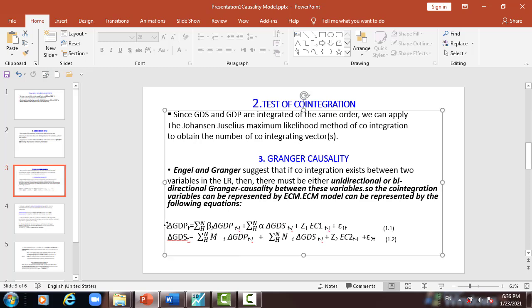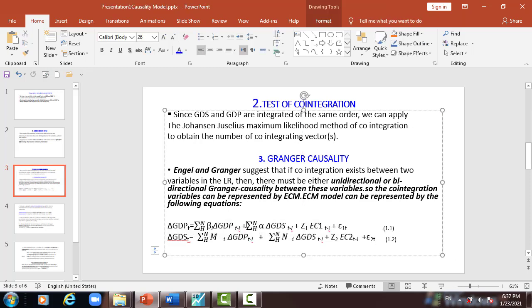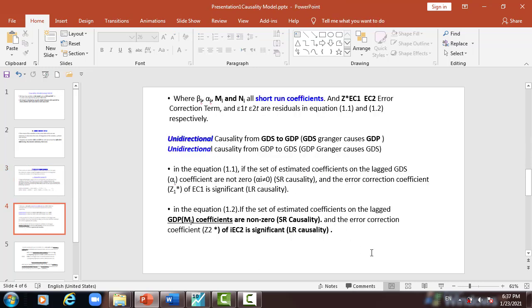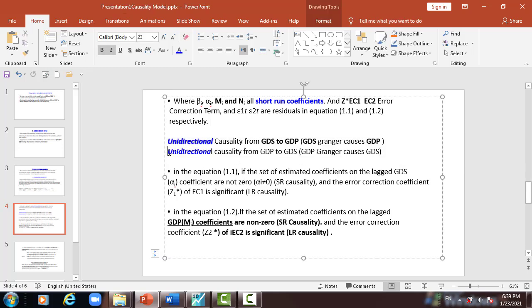This is the equation which represents the Granger causality, where the coefficients are as shown, bidirectional, sorry.